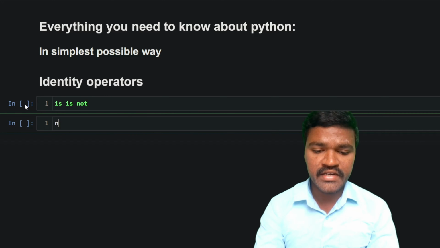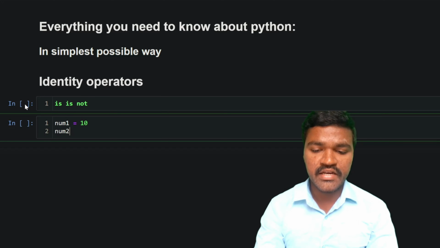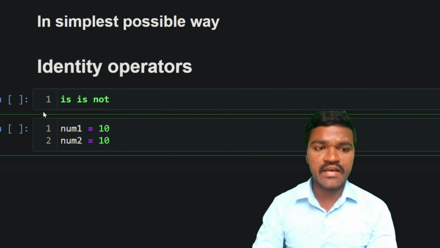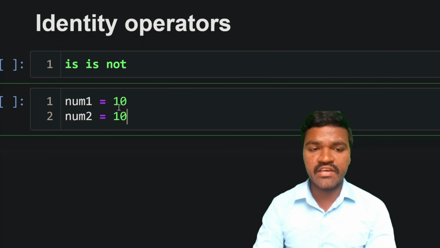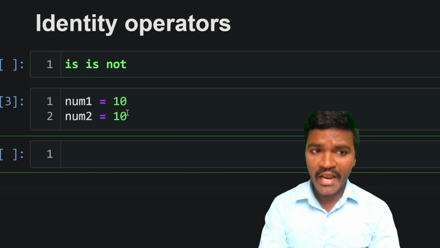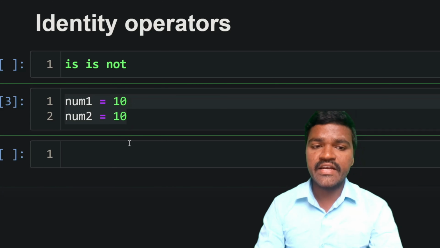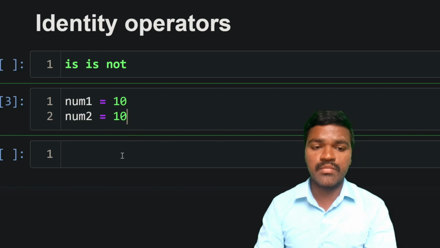Let's say I assign num1 = 10, and I assign num2 = 10. So I am assigning the same value 10 to the different variables num1 and num2. I want to know whether num1 is allocated the same memory address as num2.